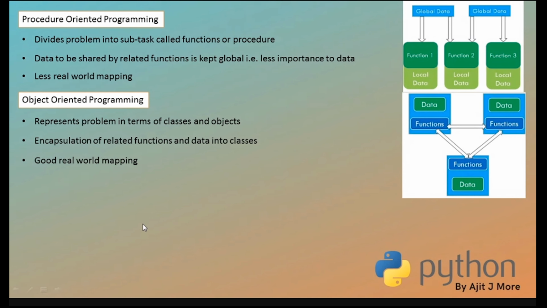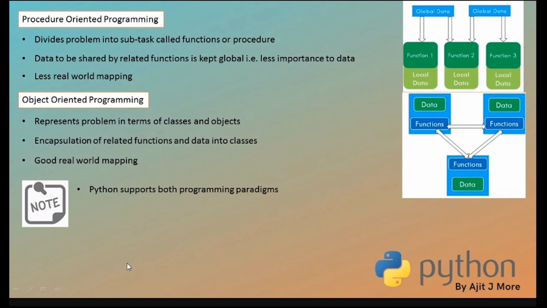So you can use the procedure-oriented methodology also, that is by writing your own functions, using the def keyword, writing functions and then calling your function. Or you can write your own classes, then create copies of them, and then those objects will interact with each other. Okay. So in short, Python supports both programming paradigms. That is, in Python, you can write procedure-oriented code and also object-oriented code. Getting?